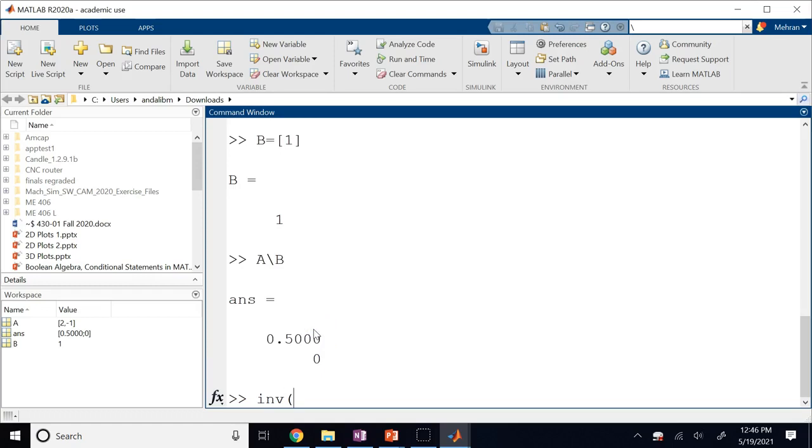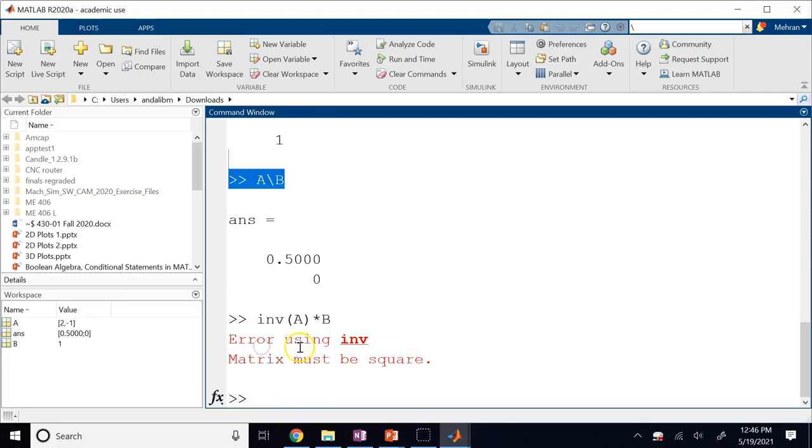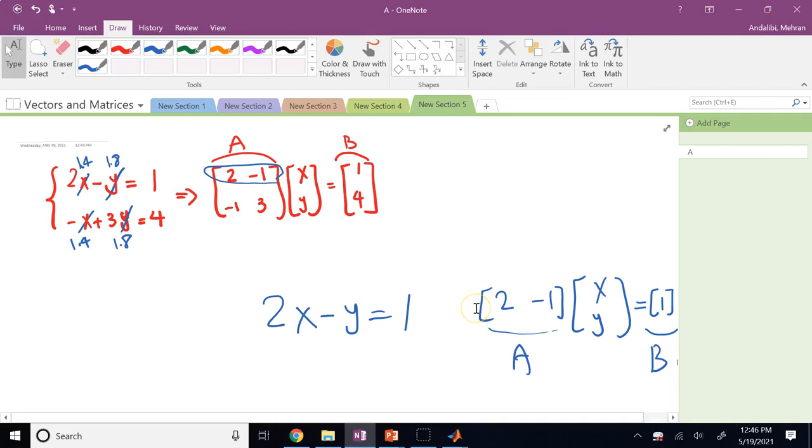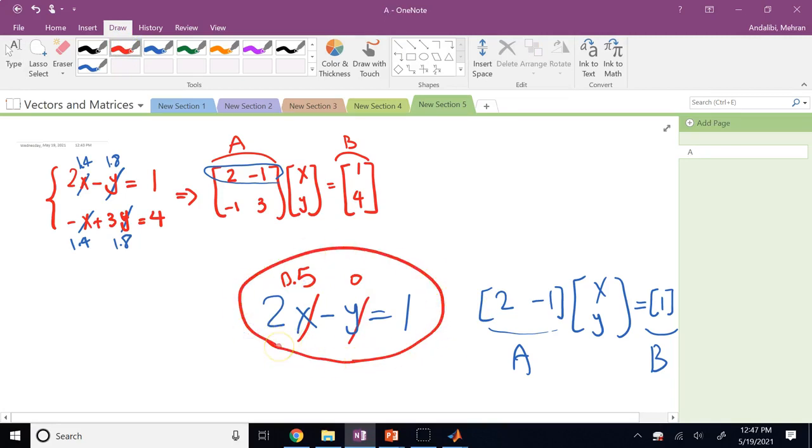If I say inverse of A times B, of course it cannot invert A. But here it gives me a solution, 0.5 and 0. It says if you plug in 0.5 and 0 here, that's a solution. But that's not the only solution. Here you have infinitely many solutions.